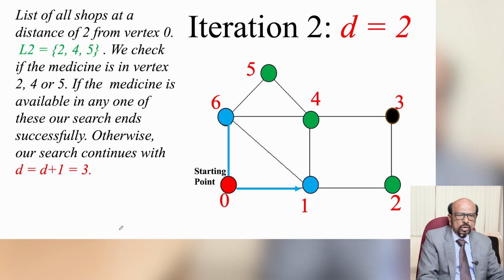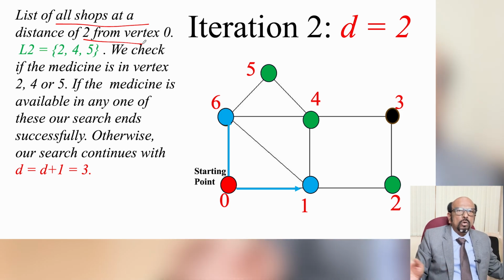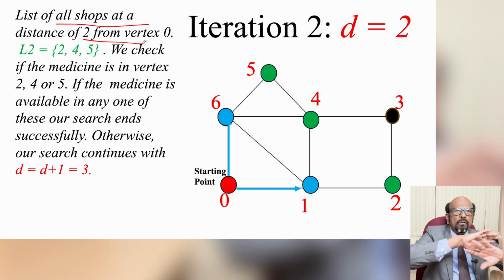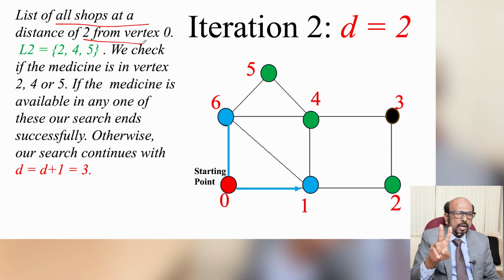So what is iteration 2? Iteration 2 is to find out all the shops at a distance 2. Breadth-wise, it will be at so many places, but all of them are at a distance 2.